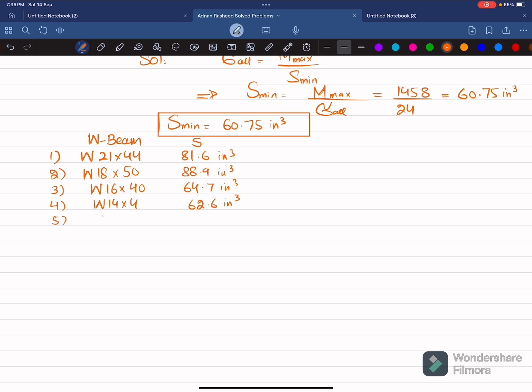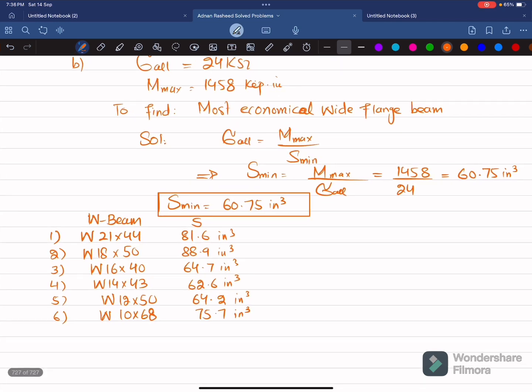The fifth is W 12 into 50, that is having 64.2. The sixth is W 10 into 68 having 75.7 cubic inch.